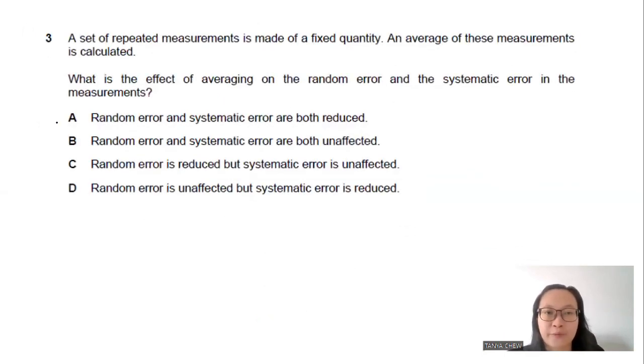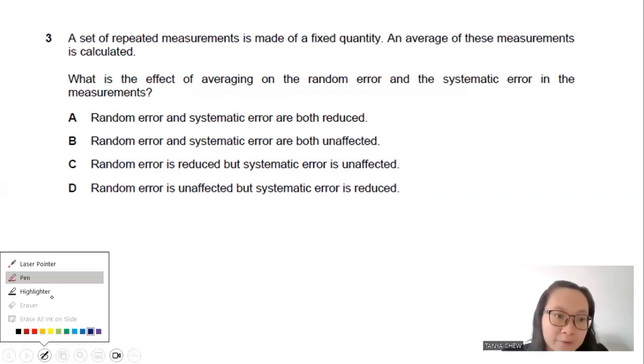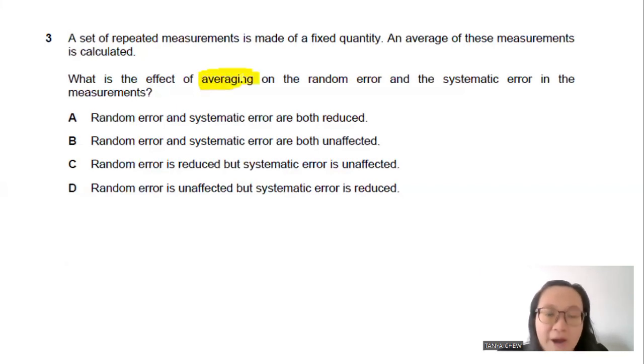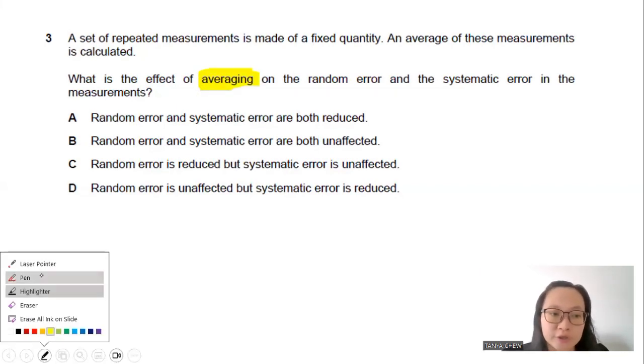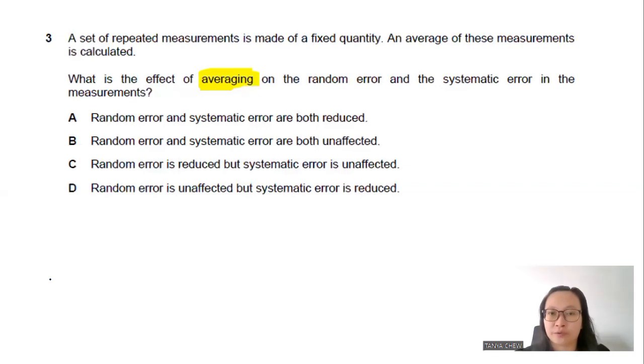That's the answer. Question number 3, a set of repeated measurements is made of a fixed quantity. An average of these measurements is calculated. What is the effect of averaging on random error and systematic error? This question is to test your understanding on the random error as well as the systematic error. I always like to think it easy.